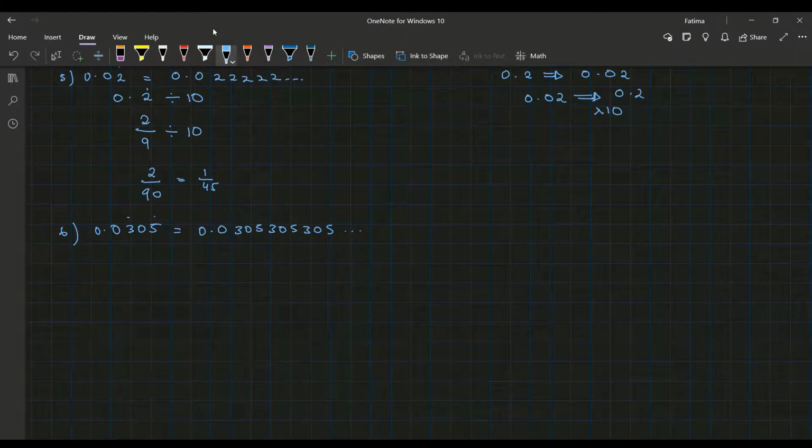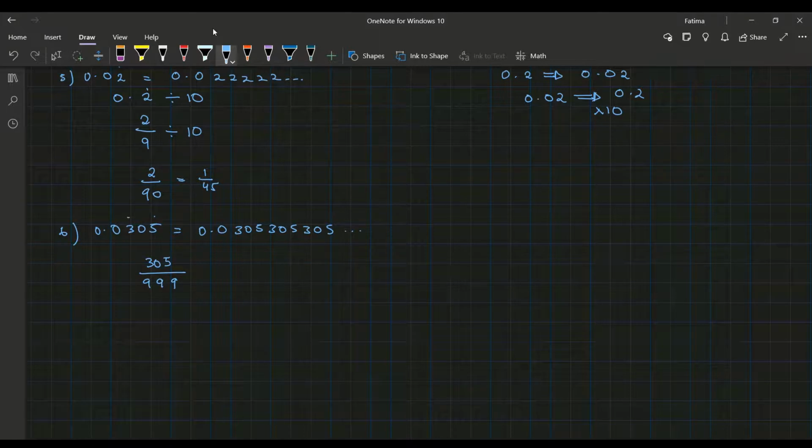The same way as last time, we'd write the decimals that are repeating in the recurring part of the decimal as the numerator, so we write 305, and the number of nines would depend on the number of digits repeating, and in this case it is 3, so it would be 999.